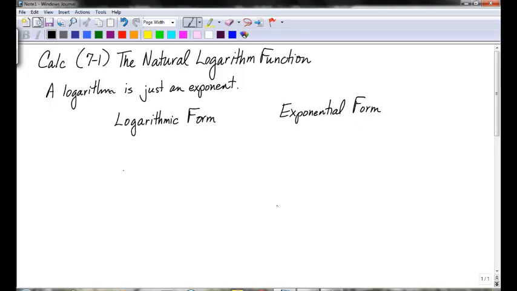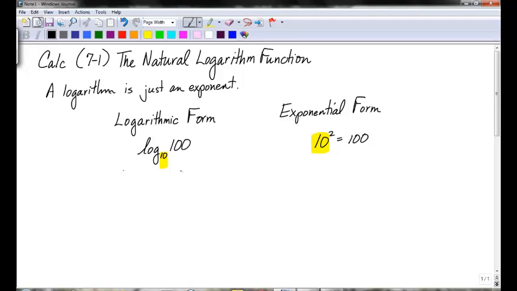Okay, so if I have something like this, if I have like 10 squared is 100, that's exponential form. If you go to logarithmic form, it's the log of the number, the log of 100. The base, remember this is considered the base, and the base is the little subscript, so base 10.